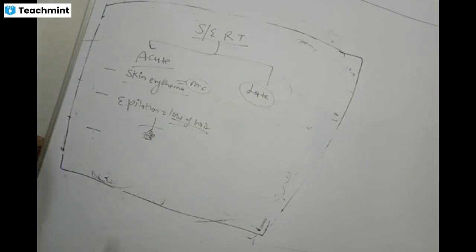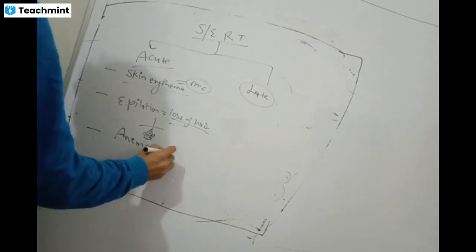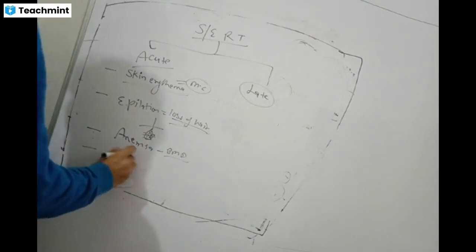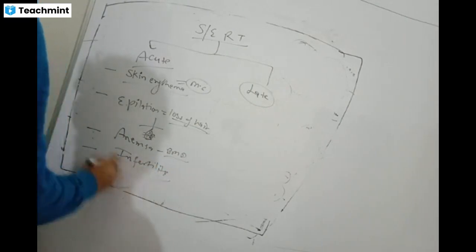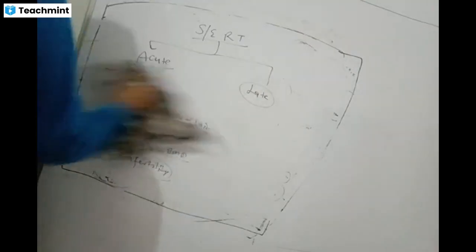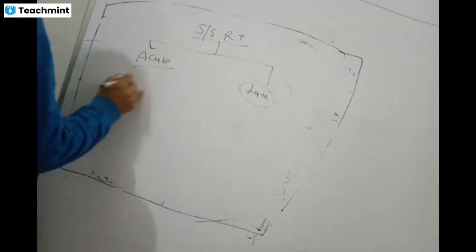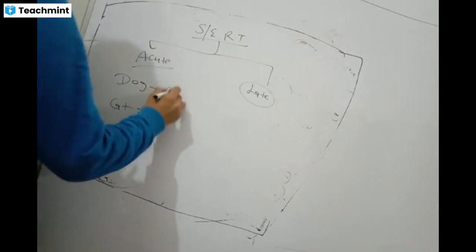Next is anemia because of bone marrow abnormalities, and next, because gonads are sensitive, there are cases of infertility in male or female. There are two important acute side effects of radiotherapy, one in dog, one in cat.